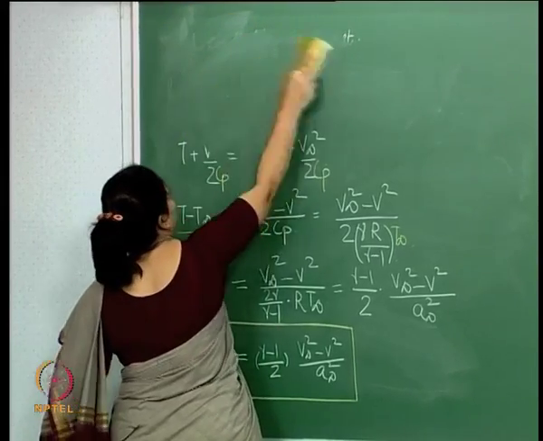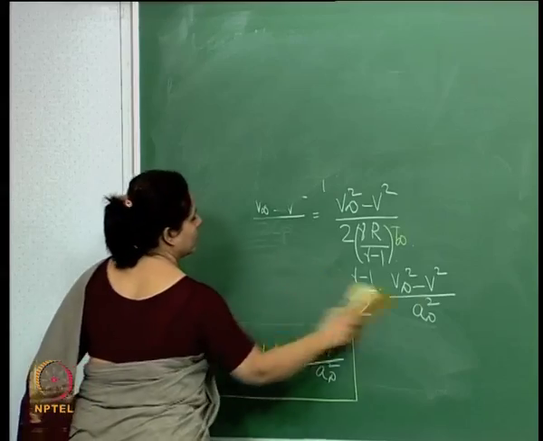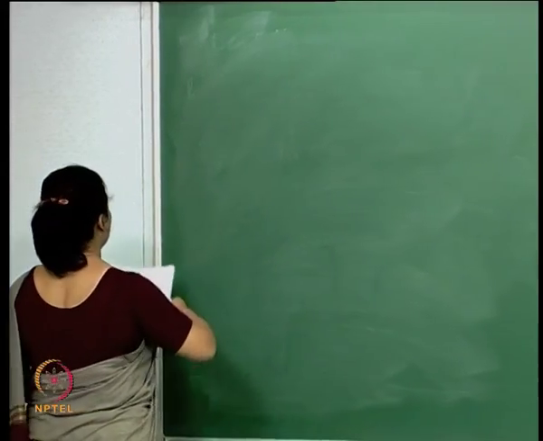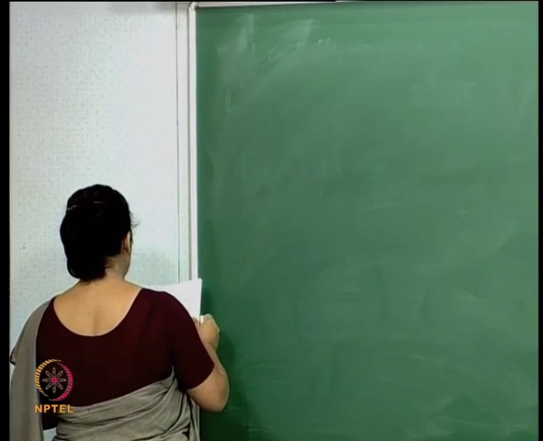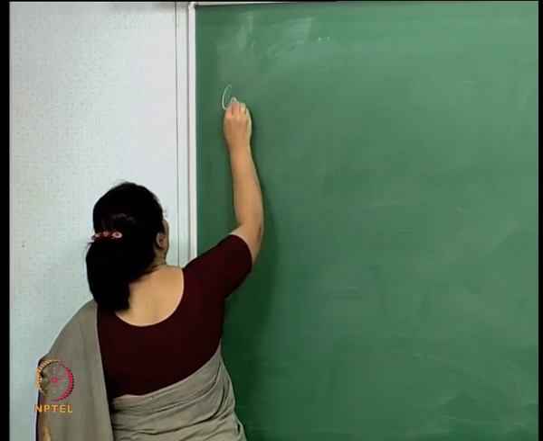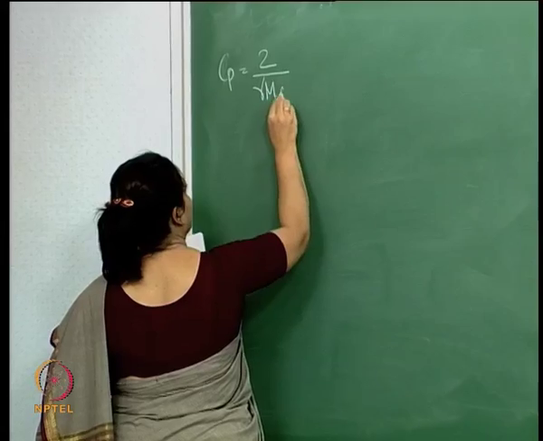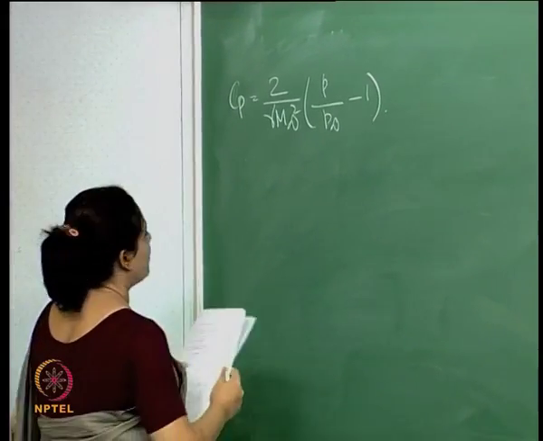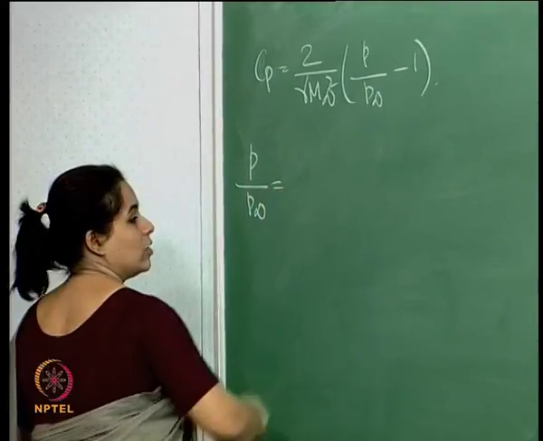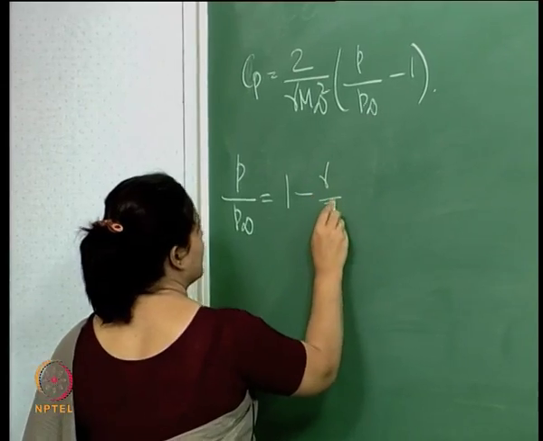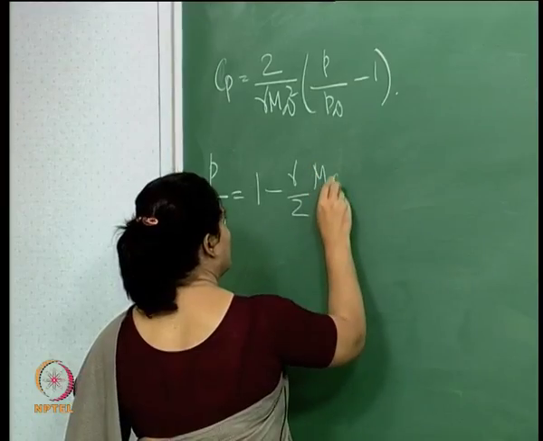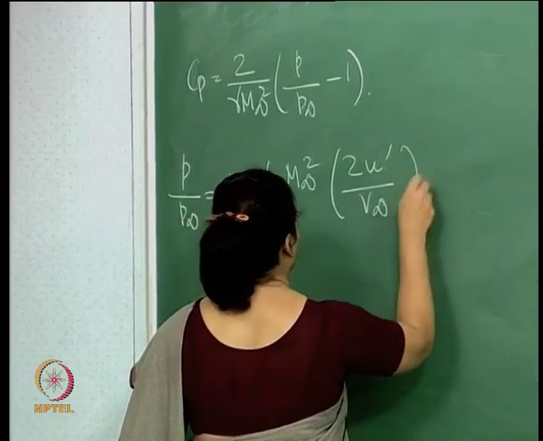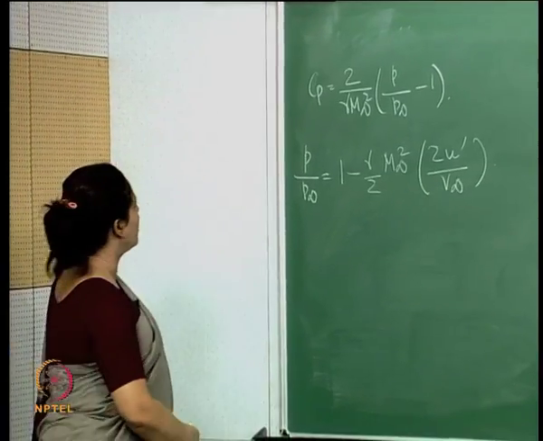Okay, so Cp was essentially this, this was my Cp expression, and what I have got now is that P by P infinity is 1 minus gamma by 2 into M infinity square, right, into this is what we get, right?